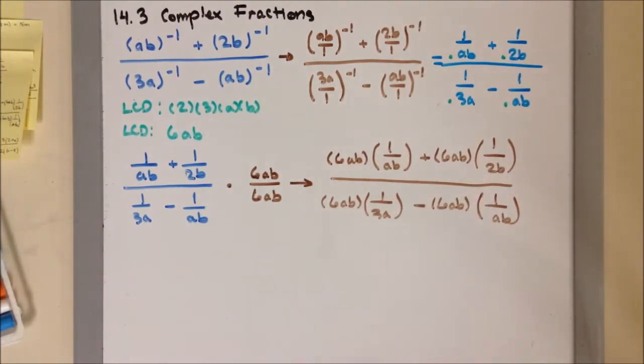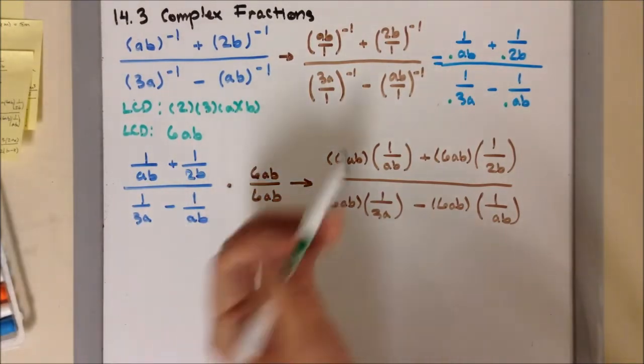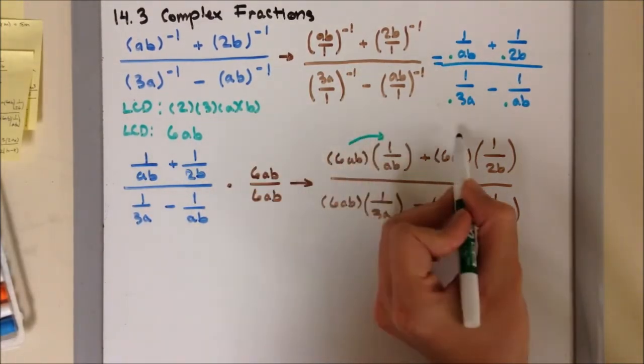Again, just like before, we're going to multiply the 6AB to the numerator of each fraction.